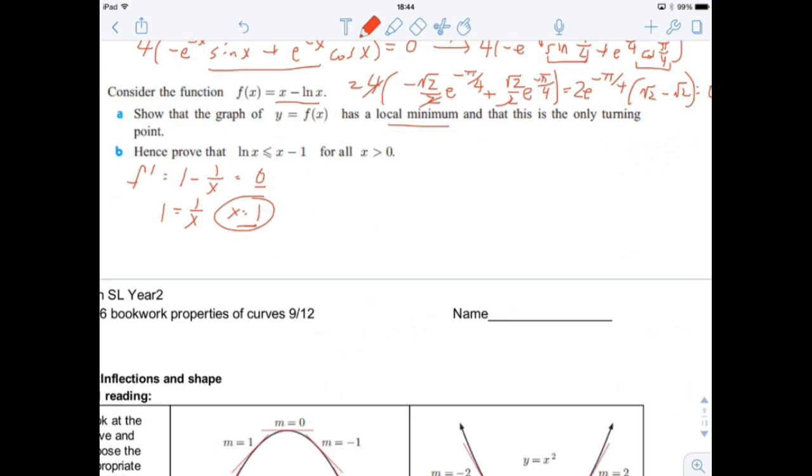So if we know that this is our local minimum, and we graph this, then this expression, x minus log of x, is always going to be greater than its value.